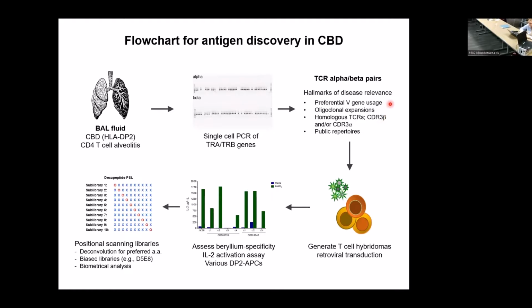You often look for preferential V gene usage, oligoclonal expansions, and then importantly, homologous TCRs, which means that you have different clonotypes, but they express T cell receptors that are similar to one another, in particular in the CDR3 area, which is the part of that T cell receptor that comes into most intimate contact with the peptide within the MHC class II binding.